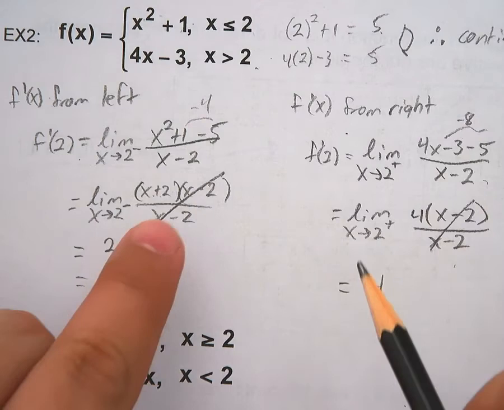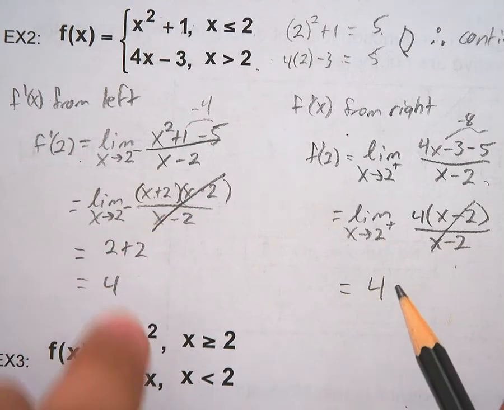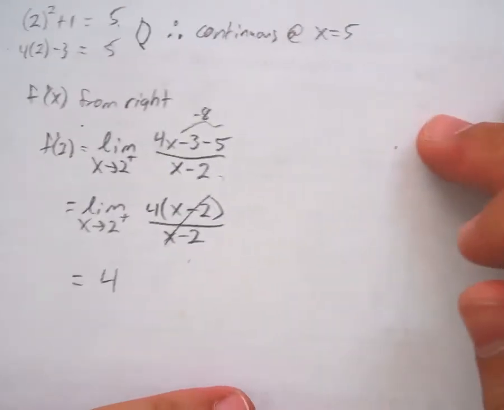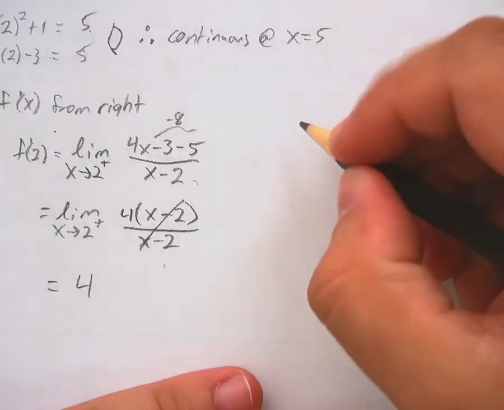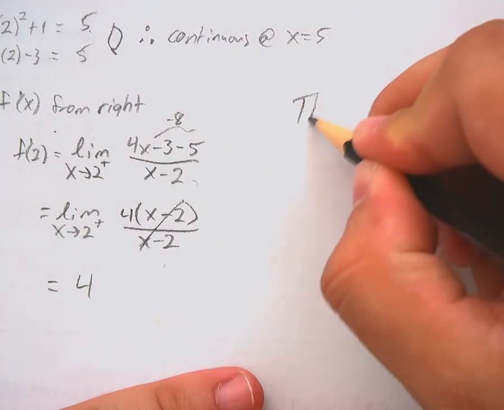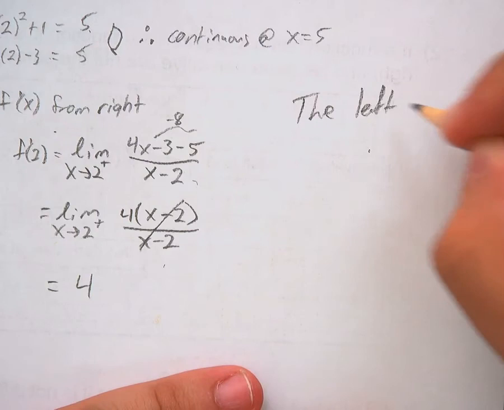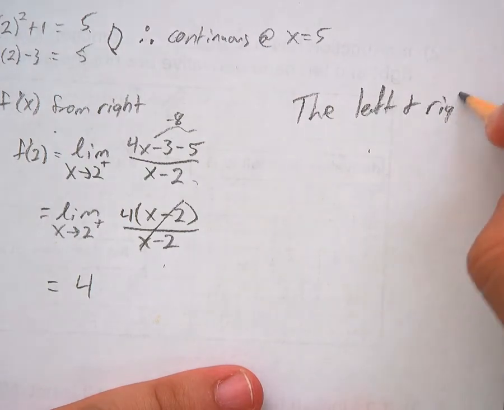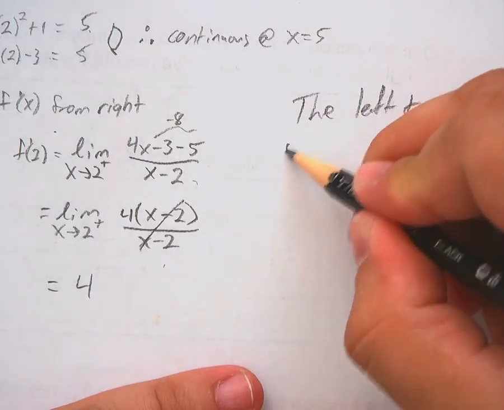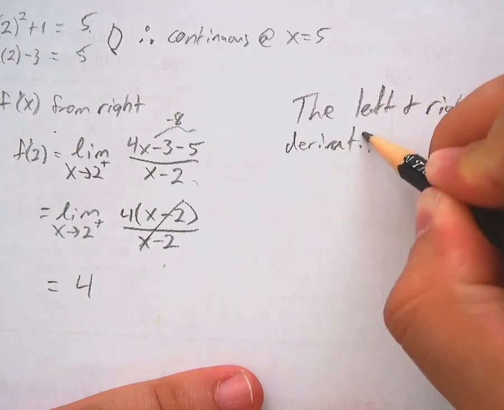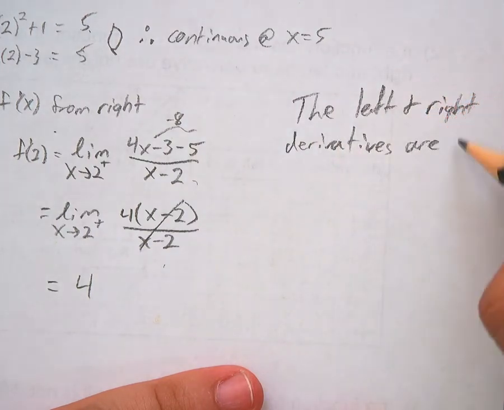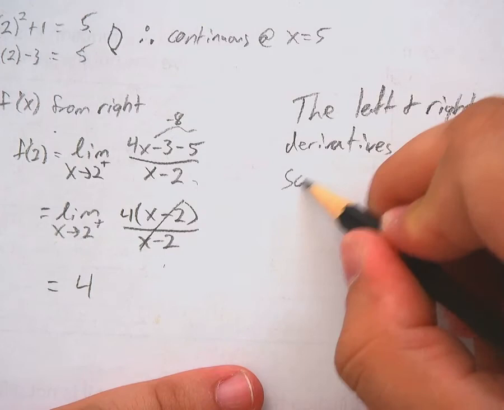Okay, so do you see how the left-hand limit and the right-hand limit are the same here? Because of that, I'm going to write the left and right derivatives are the same.